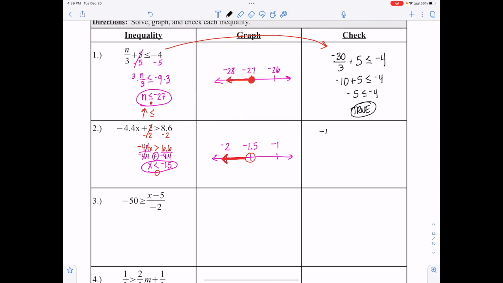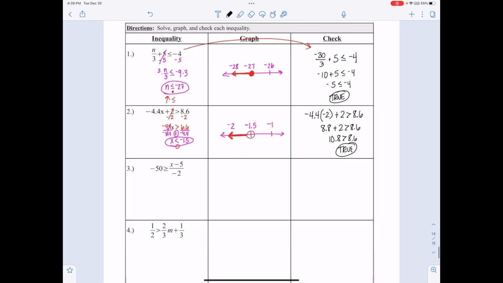So we have negative 4.4 times negative 2 plus 2 is greater than 8.6, we hope. All right, order of operations says I do multiplication first. And so negative times a negative, I have a positive 8.8 plus 2 is greater than 8.6. And 10.8 is definitely greater than 8.6. So this is true. Okay, so we did good.